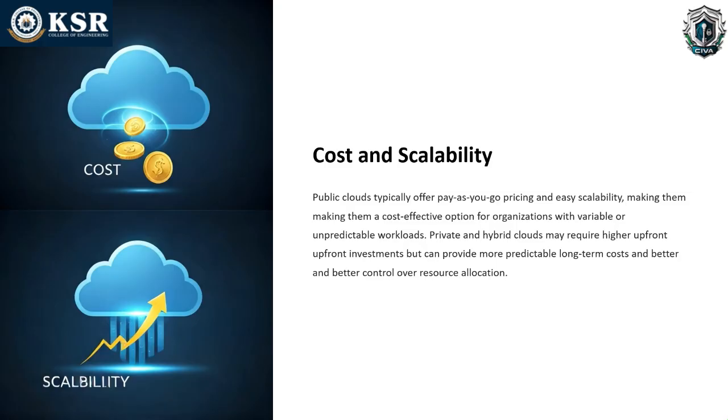If you want long-term control and scalability, private or hybrid models are better. For example, a gaming company launching a new game during a festival uses a public cloud to handle sudden player traffic spikes. They pay only for the extra usage.